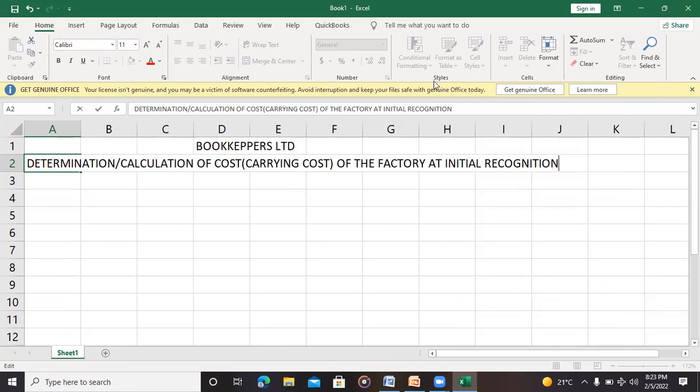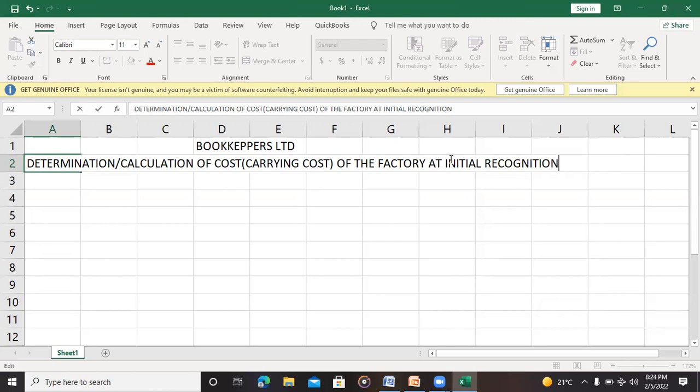Okay, I think we'll proceed. I said we have types of recognition. We have initial recognition. We also have subsequent recognition. Initial simply means, how can these assets be recognized when you just bought it or when it was just brought into the organization.